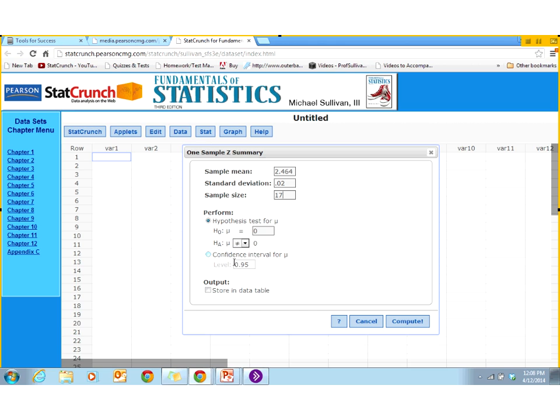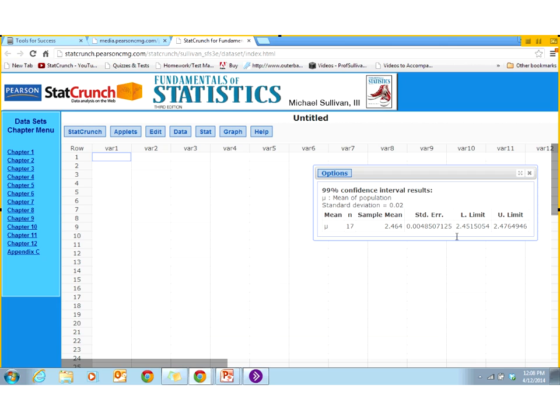When we get to chapter 10, we're going to come in here to do hypothesis testing, but I want to do the 99% confidence interval. And there it is: my lower limit, 2.4515, and the upper, 2.476.